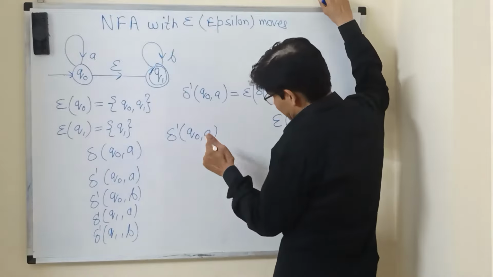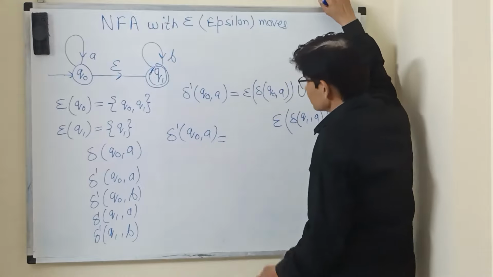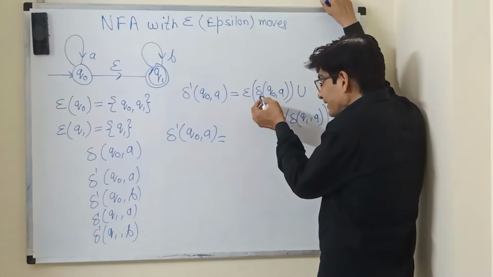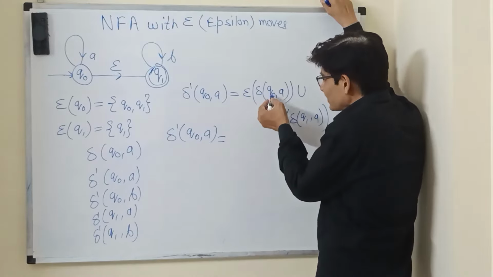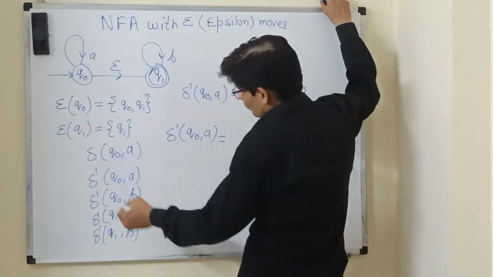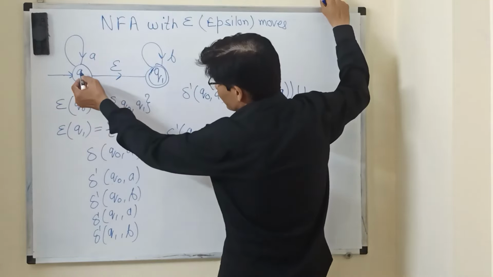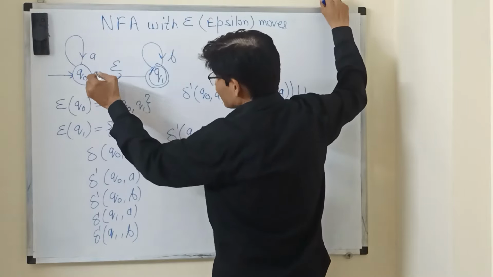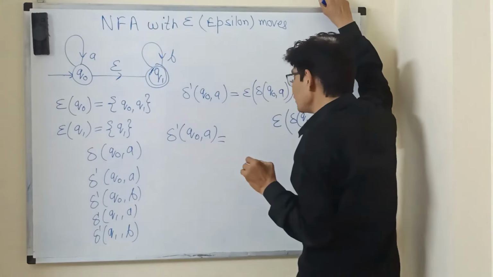So now we will try to find out the epsilon closure of delta(Q0, A). So what is delta(Q0, A)? On Q0, if we get A, we stay on Q0.